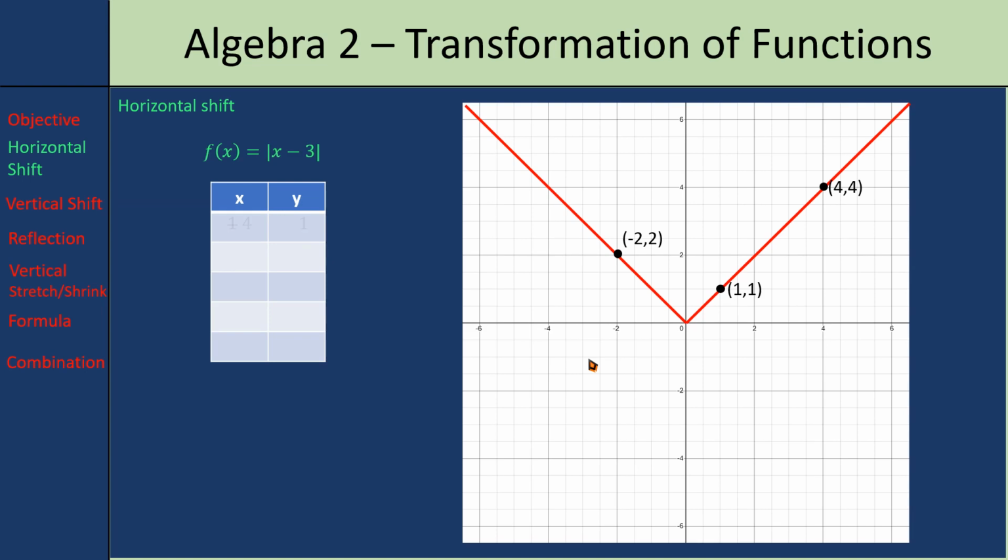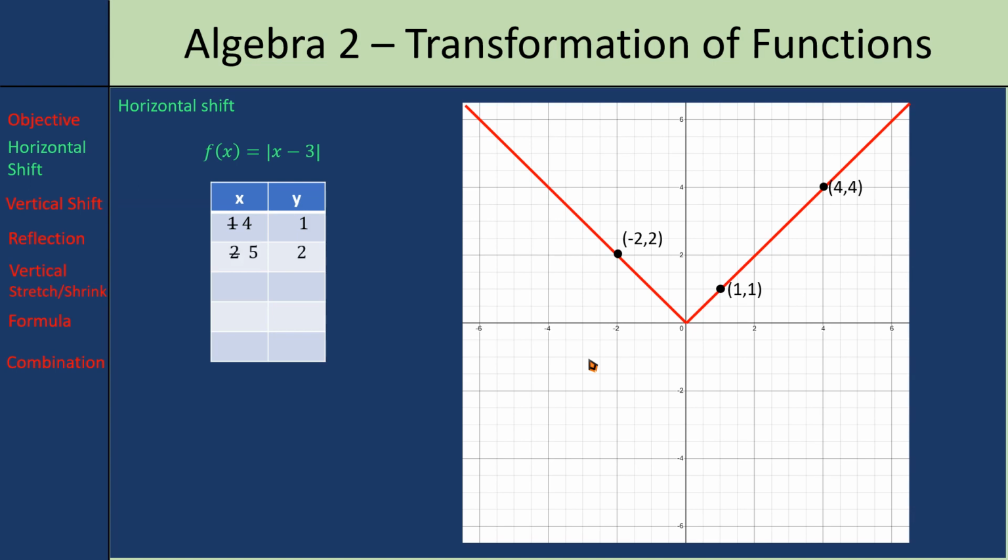Let's think about this now. If my y is still 1, I need to put 4 in for x instead of 1, because 4 minus 3 is now 1. Does that make sense? Before I had 1 for x, now if I wanted the same thing, I need to put 4 for x. Absolute value of 1 is 1.